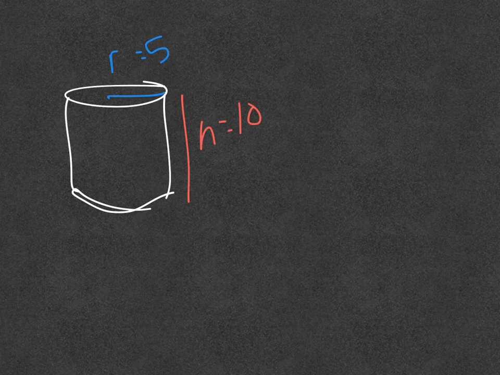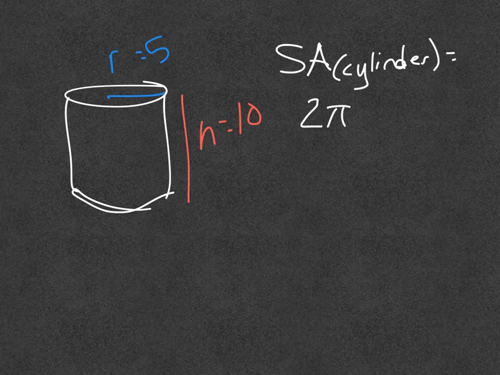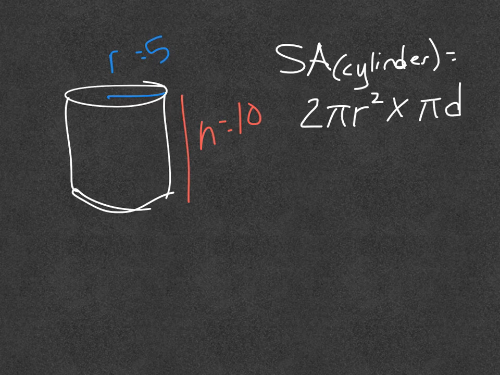And we know that the surface area of a cylinder equals 2 circles that have a value of pi r squared, multiplied by pi times diameter, which equals circumference.